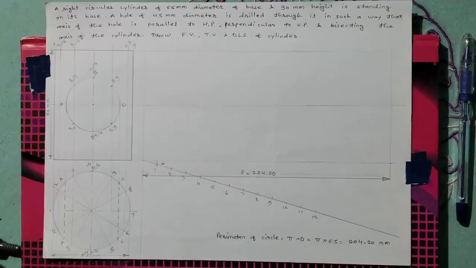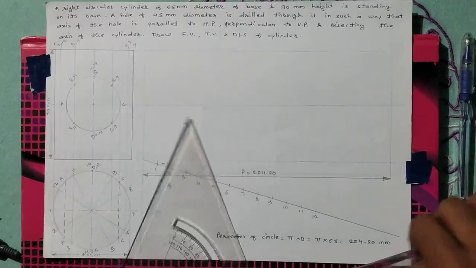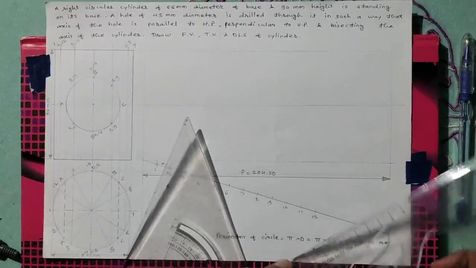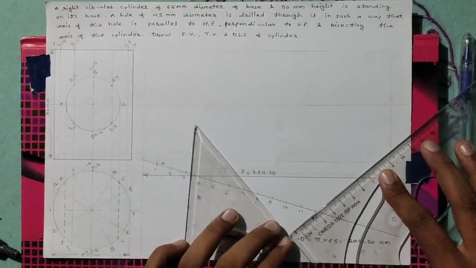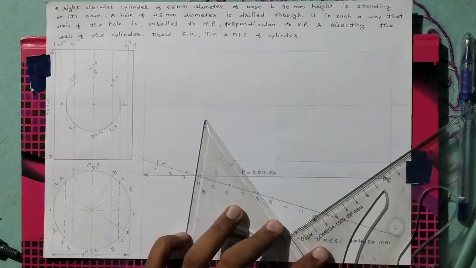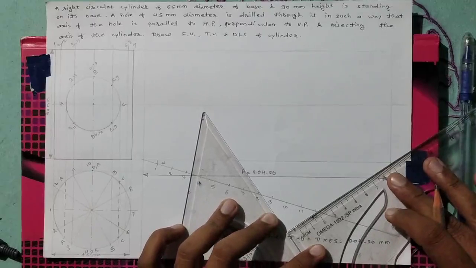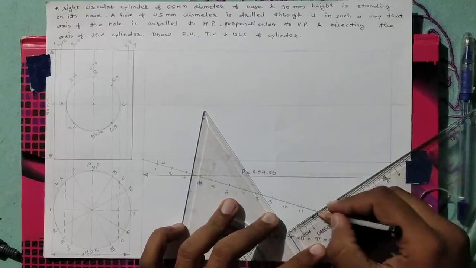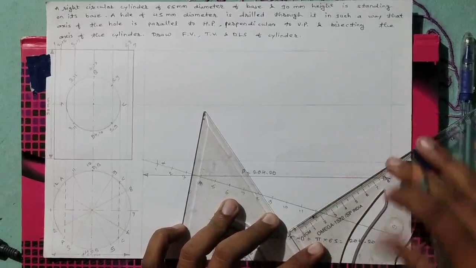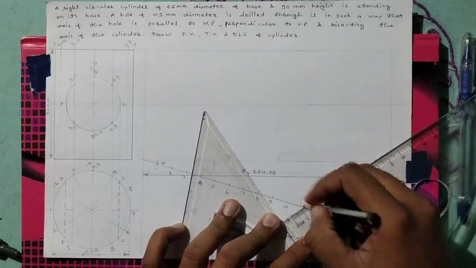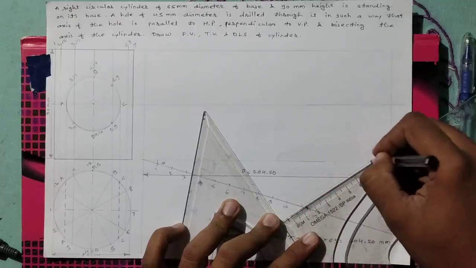After putting these points, we have to draw lines through these points. First will be from 12 to this corner. After that, next 11 to this line.